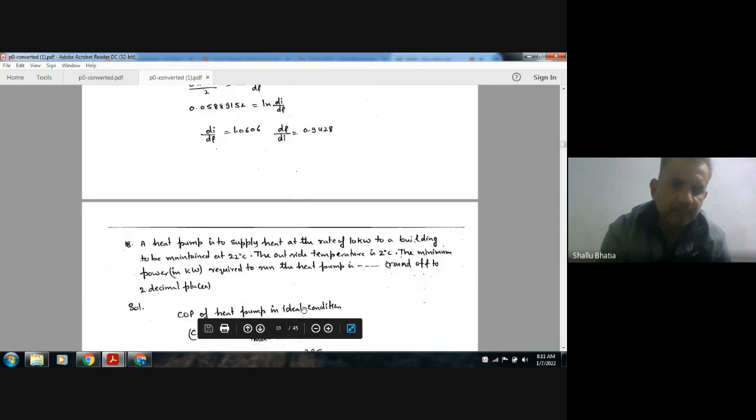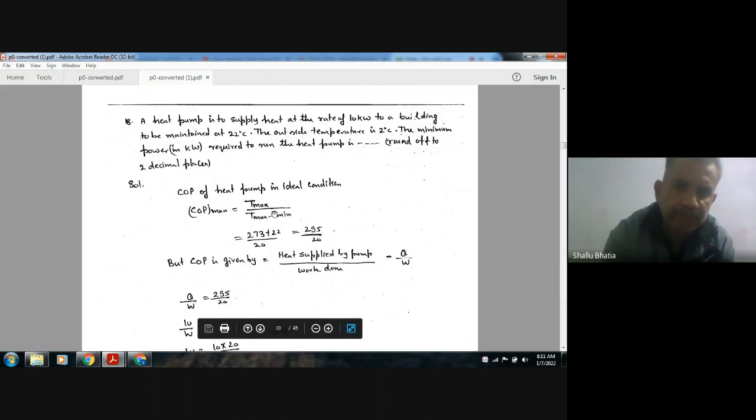Next, a heat pump is to supply heat at the rate of 10 kilowatt to a building to be maintained at 22 degrees Celsius. The outside temperature is 2 degrees Celsius.